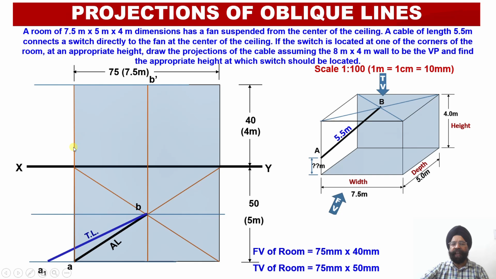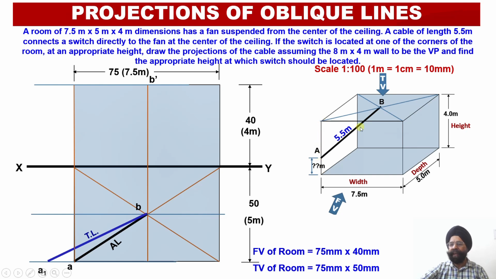Now, in the front view, only one point remains unknown over here. It is this point A dash. I do not know the location or position of this point A dash in the front view. The reason is that I do not know the height at which this cable, which measures 5.5 meter, that is 55 millimeter over here, is going to intersect with this corner point.